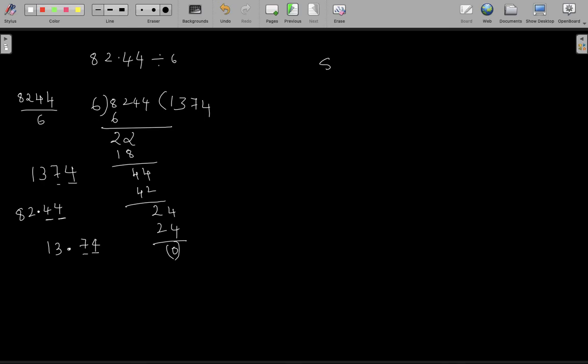Or I can directly divide this 82.44 by 6. 6 times 1 is 6, 8 minus 6 is 2, bring down this 2, 6 threes are 18, 22 minus 18 is 4. Now I'm bringing down this 4, the first 4 which is after the decimal point. That means I'm actually bringing down 0.4. But let's imagine there's no point here. Instead, we're going to keep the point here in the quotient, right? 6 sevens are 42, right?